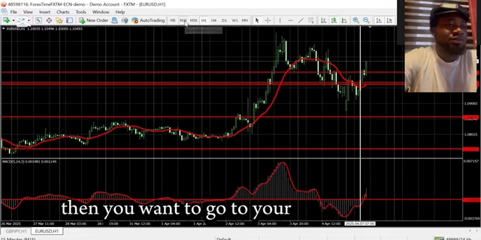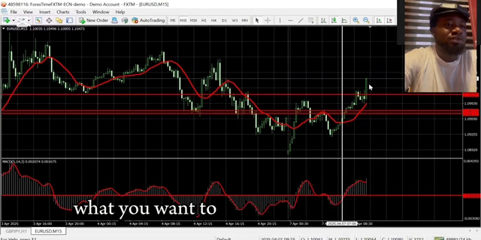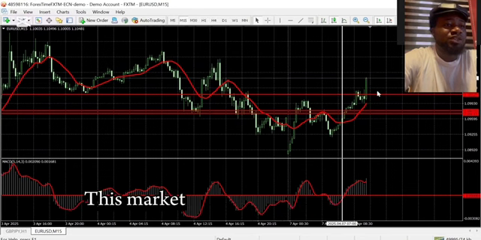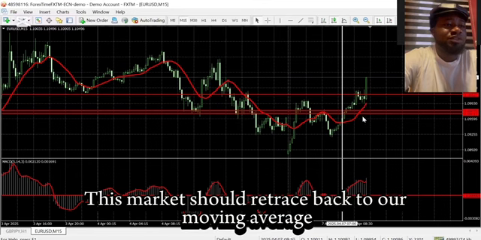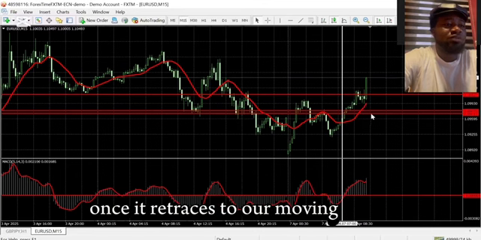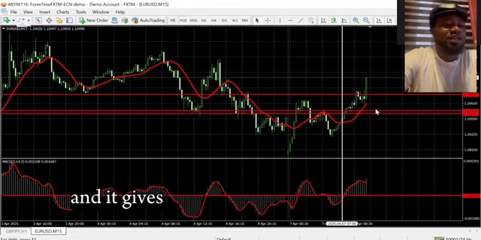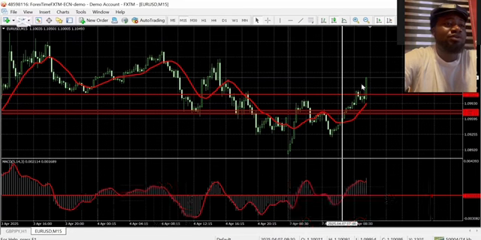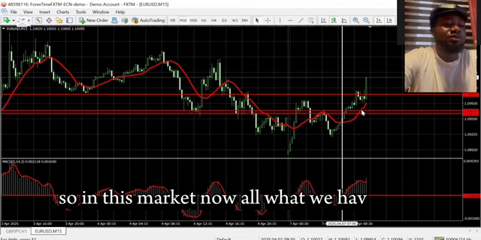Then you go to your 15 minutes. All you want in your 15 minutes is for this market to retrace to our moving average. Once it retraces to our moving average and gives us a clear, strong, bullish candlestick, then we buy. So in this market, all we have to do is wait.